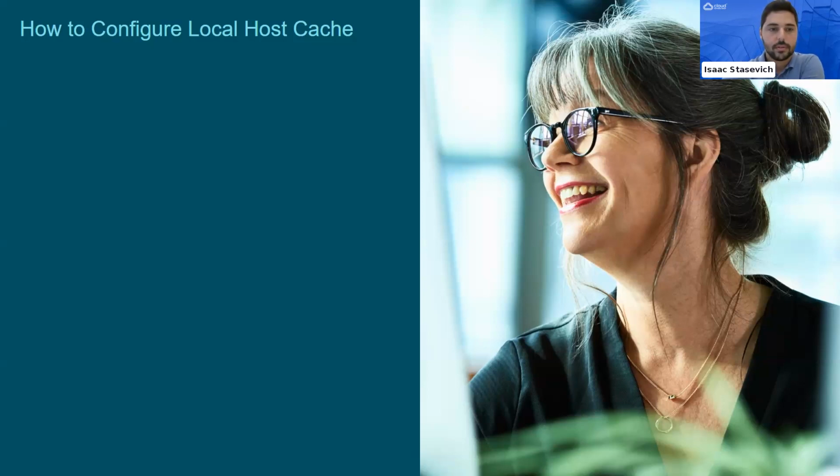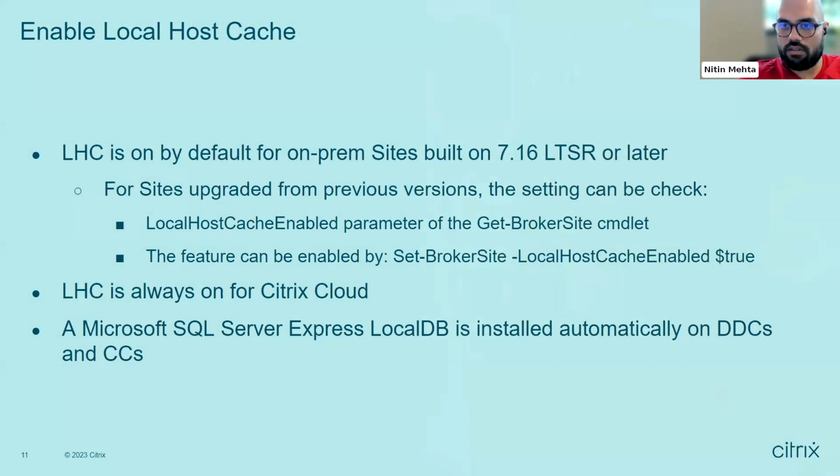All right. Yeah, we can move forward, I think. So let's talk about enabling localhost cache in the first place. If your site was built on 7.16 LTSR or later, it should be on by default. You can double check this by running Get-BrokerSite and looking at the LocalHostCacheEnabled parameter. We want that set to true. If you do need to change that, we could just run a quick Set-BrokerSite and set that parameter to true.